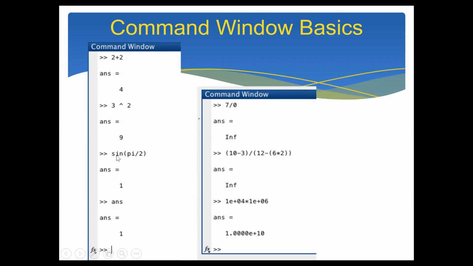And you can type sin, and pi means pi. So Matlab has some short notation for commonly used mathematical terms. Pi is one of them. And if you have done this, could you type ANS and see what it gives you?